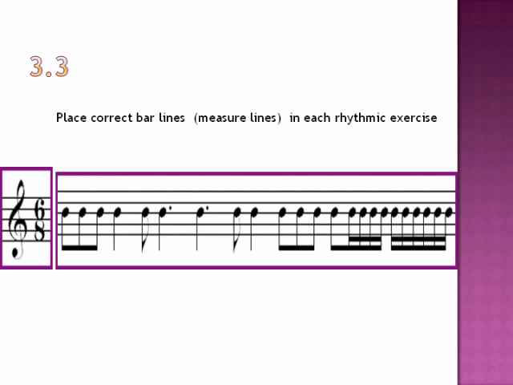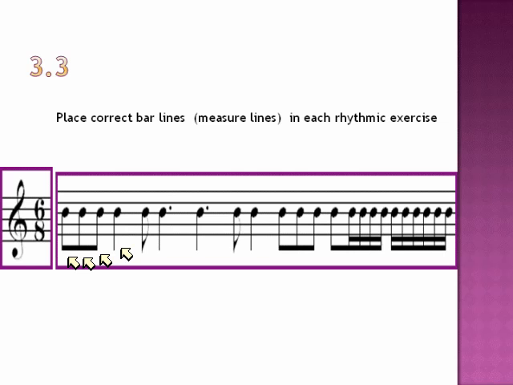Let's look at this. Sorry. Let me switch this arrow. These are 3 eighth notes. The reason I know they're eighth notes is it has that one beam there. They're beamed together, 3 of them. So that's 3 beats. If I put a bar line or a measure line right here, would that be correct? No, because there would only be 3 beats in that measure. So I have to keep going.